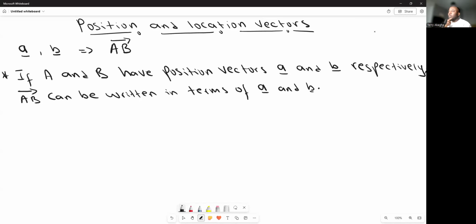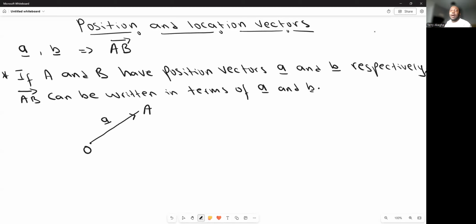All right, so let us draw this. So we have position A. It's a position vector, so it's being referred to a fixed point. So let's assume that the fixed point here is an origin. Okay, let's start from there. So we have position vector A, or you can put the arrow A here. The position vector is this.